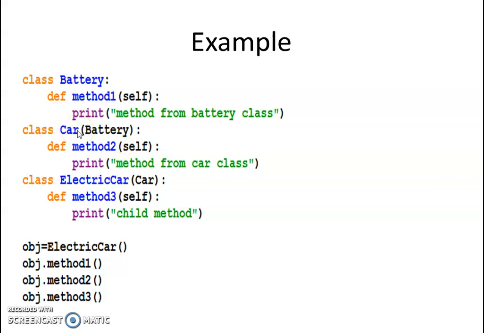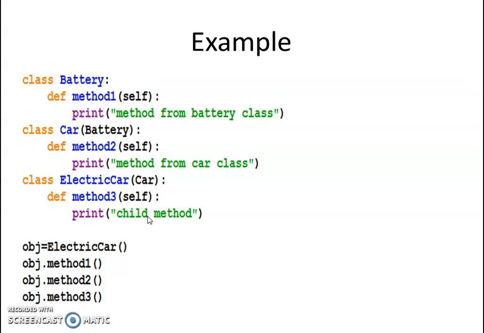Inside this class, we have a method named method2, and it is printing the statement "method from car class". And next we have another class with the name ElectricCar, and ElectricCar is deriving from the Car class, and this child class is having one method with the name method3 and printing the statement "child method".